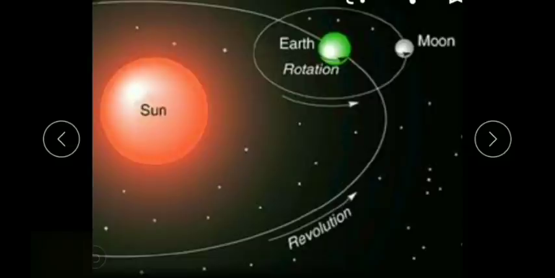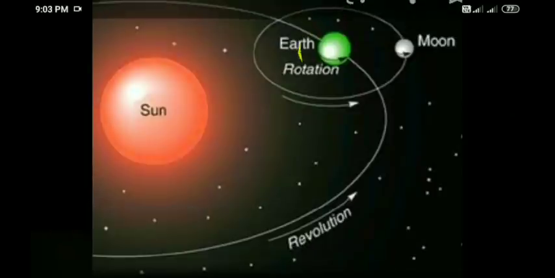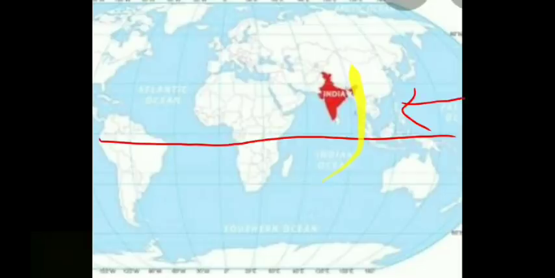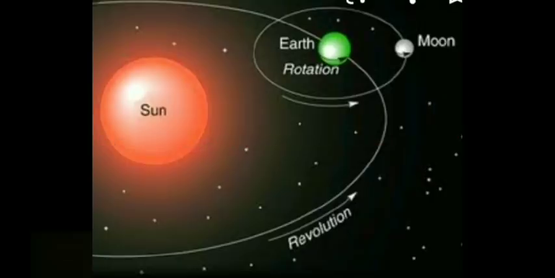In this picture you can see the rotation of the earth, and similarly you can see the revolution of the earth around the sun, and at the same time you can see the moon revolving around the earth, rotating around itself.